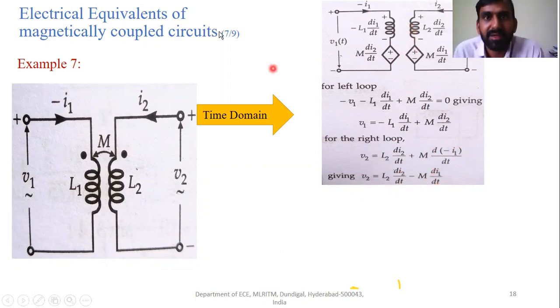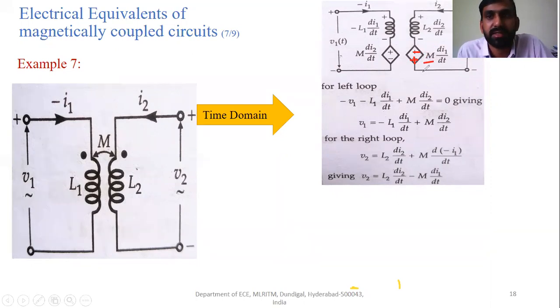So there is a small correction in this. Just change it. This term is going to be negative, and this is going to be positive. So this is going to be positive, and here you are going to have minus.